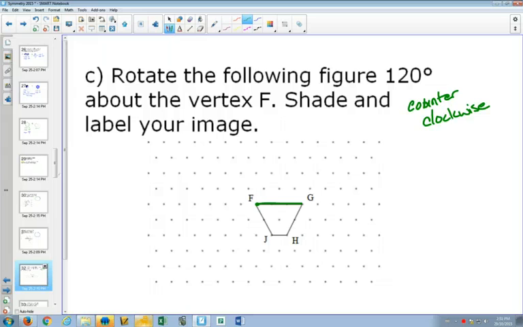Generally in mathematics, if they don't say which way they're going for an angle of 120 degrees, they're always assuming that you're going counterclockwise. Why do they assume that? It's just the way that angles are generally measured in math. So we've got the angle there. We've got F to G that I've drawn. We want to draw it 120 degrees.